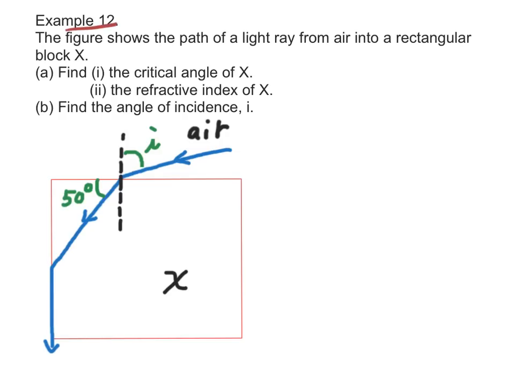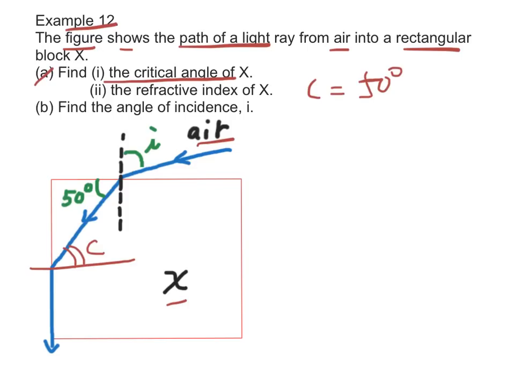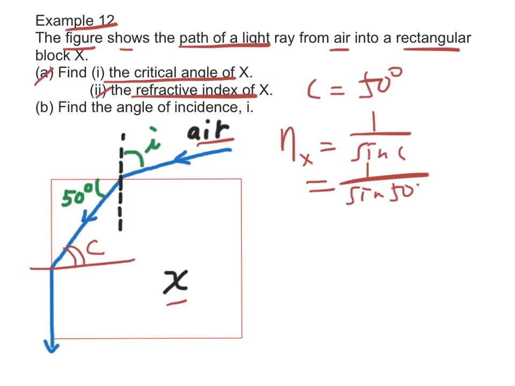Example 12. The figure shows the path of a light wave from air into a rectangular block X. Part A. Find the critical angle of X. From the diagram, the critical angle is C, which is equal to 50 degrees. Also, the refractive index of X equals 1 over sine C equals 1 over sine 50 degrees equals 1.31.